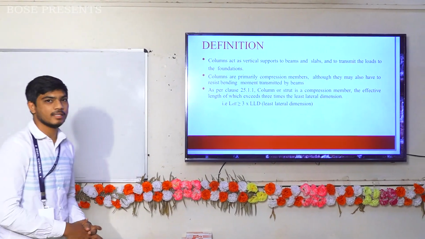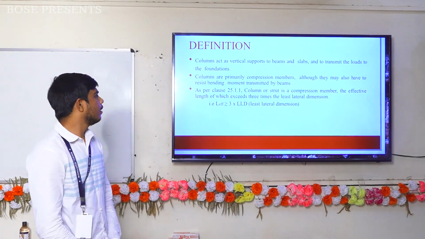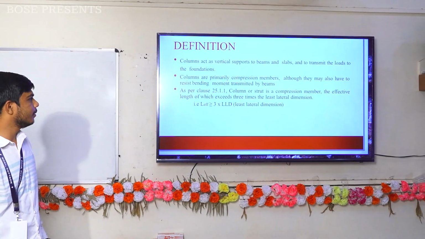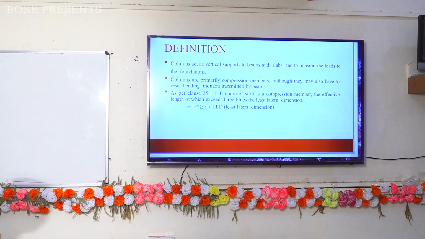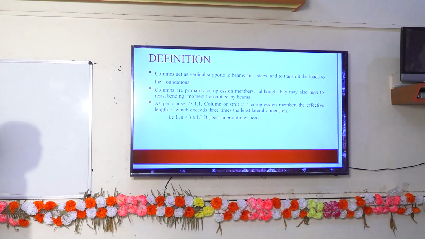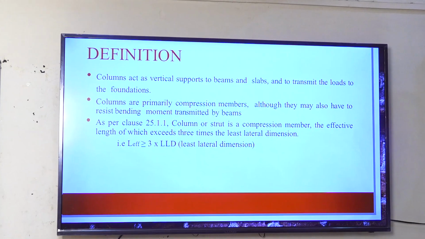So first thing, definition. So what is a column? Column is a vertical member which supports slab and beam and transmits the load to foundation. You can see columns are primarily compression members, although they may also have to resist bending moment transmitted by beams.